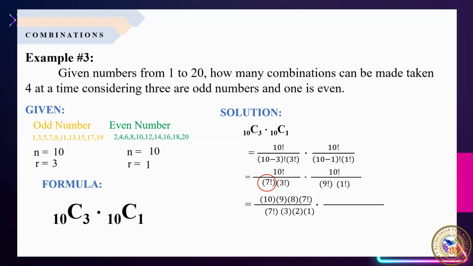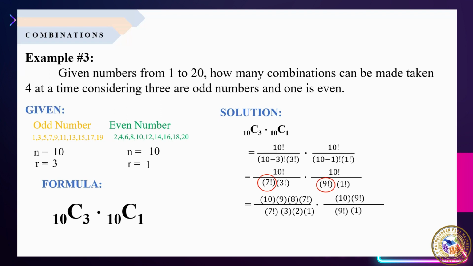So, paano yung i-cancel natin? Hindi na natin kailangang i-expand ito. And then, sa kabila naman, since 9 yung pinakamataas sa denominator, yung 10 natin will be expanded sa 10 times 9 factorial, then bring down 9 factorial, and 1 factorial is always 1.